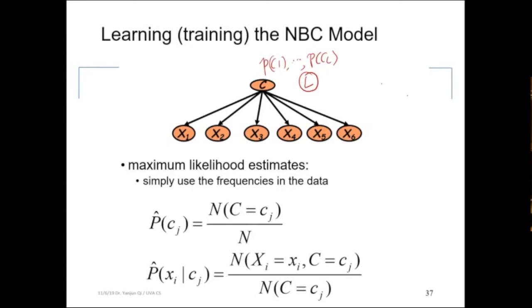That's why the parameter estimation, or MLE solution, can be estimated through counts: the number of times xi is a specific value at the same time C is a specific Cj, over the number of times the specific Cj exists in your training data.